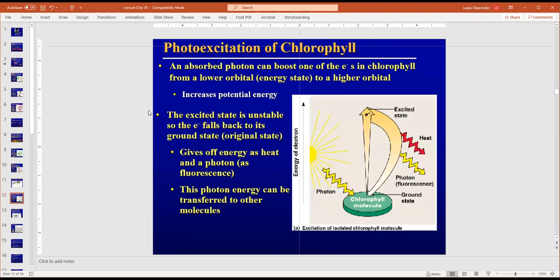Okay, so we talked about this in chapter 2. And this works for any atom, but in chlorophyll, we have that magnesium that's in the center. It has 2 electrons.